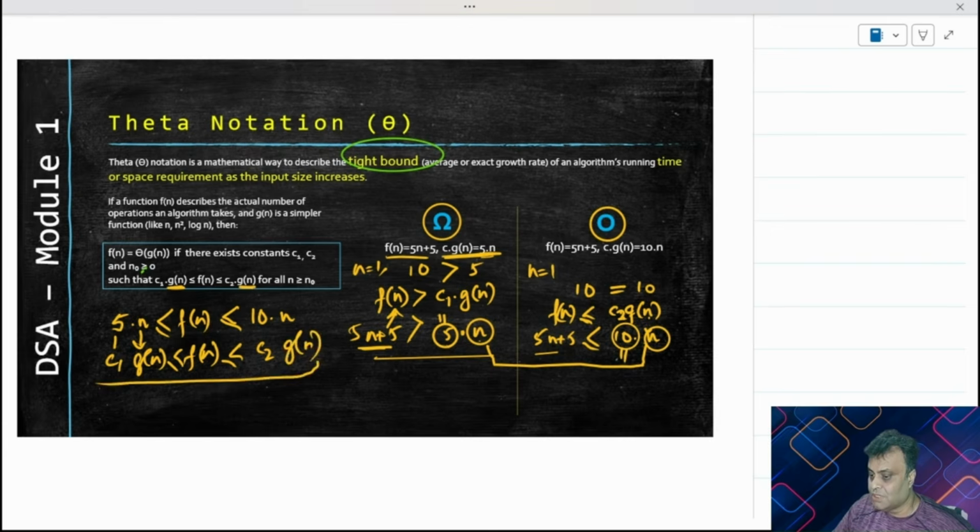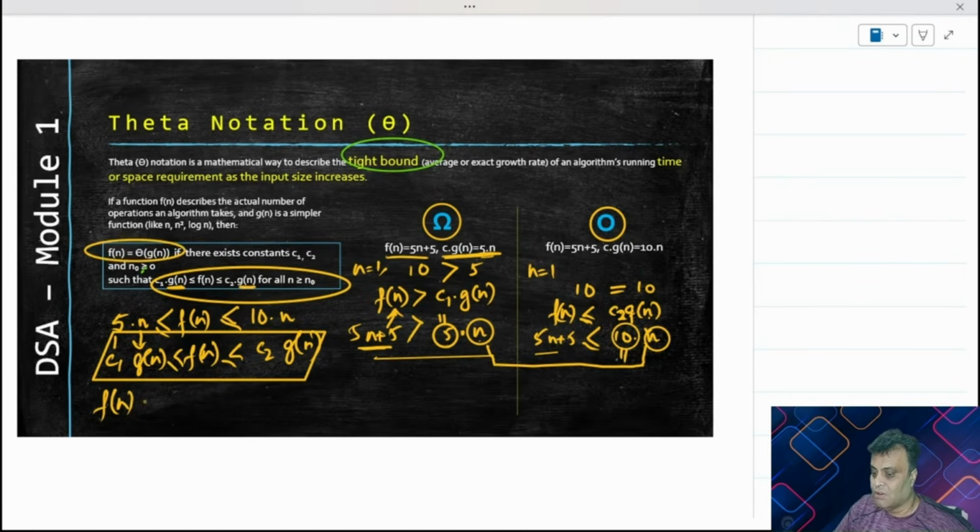Now this equation is the same as the theta definition. If that is satisfied, I can say Fn equal to theta of Gn. That is the tight bound or average bound, which is theta of n.